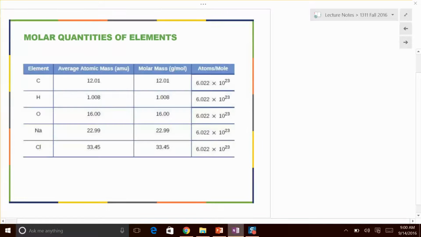So let's look at it a little further. Carbon, mass of 12.011, has those atoms for every mole of it. Hydrogen 1, oxygen 16, sodium 22.99, chlorine 35.45. But they will all be at that same quantity of the mole, even though their masses are different, because they're heavier or lighter than the others.